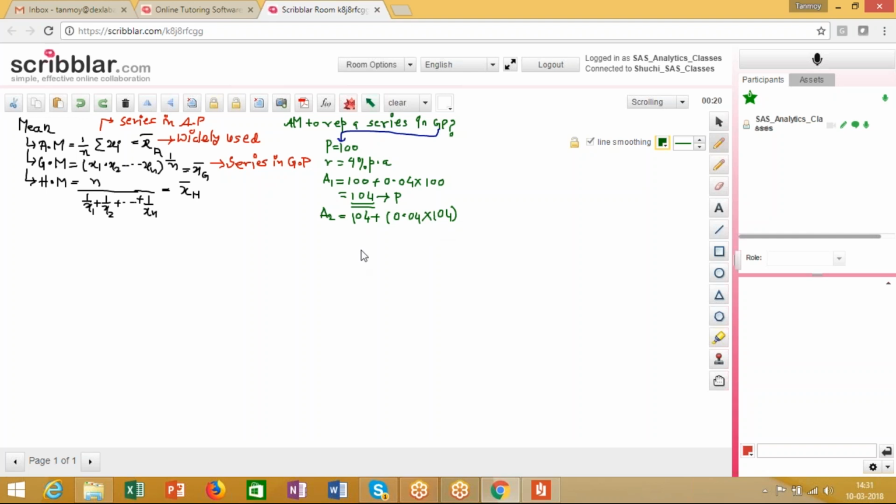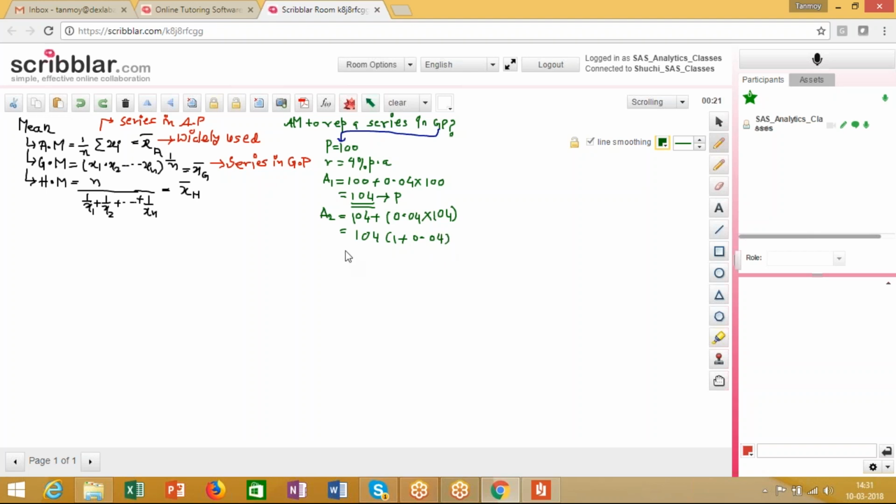Now what I can write over here is 104 into 1 plus 0.04.